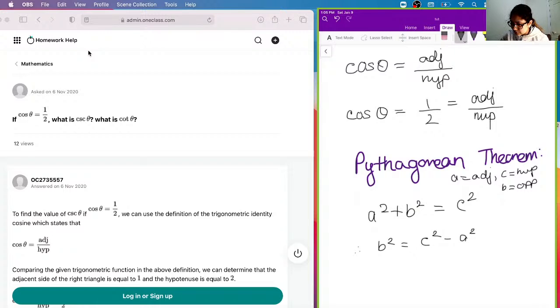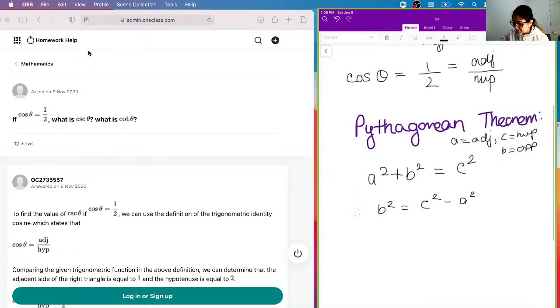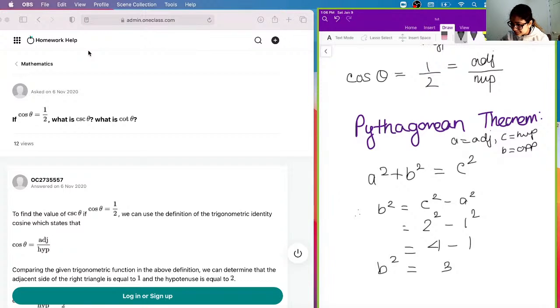Okay, and so let's substitute the values for c and a from cos theta equal to 1 over 2. c in this case is 2, so we have 2 squared, and a is 1, so you have 1 squared. So 2 squared is 4, minus 1 squared is just 1. And so you have b squared is equal to 3.